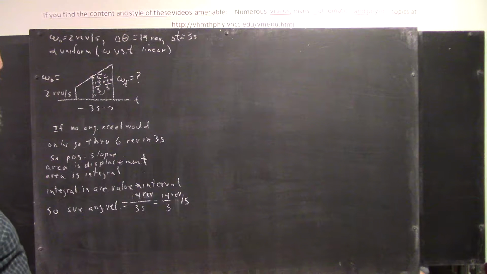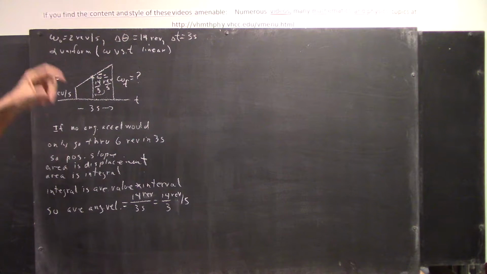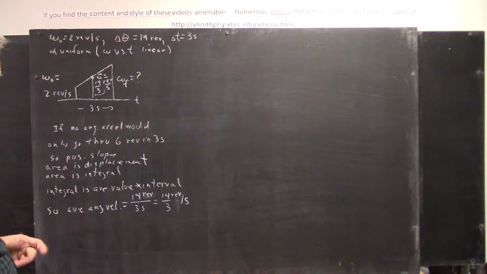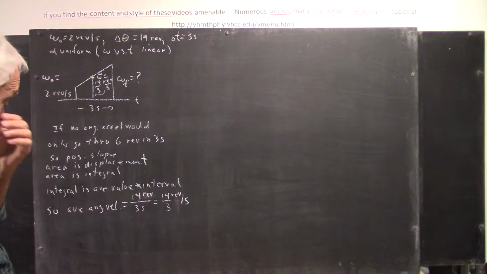Now, we didn't have to go through all this reasoning, but we did, because I let the class chime in. It's very simple that the average angular velocity, by the definition of angular velocity, is the change in angular position over the change in time, completely consistent with the meaning of the integral.